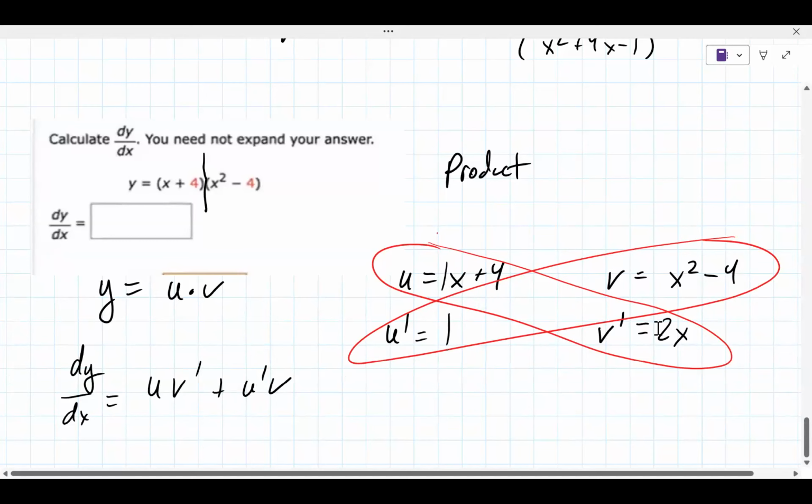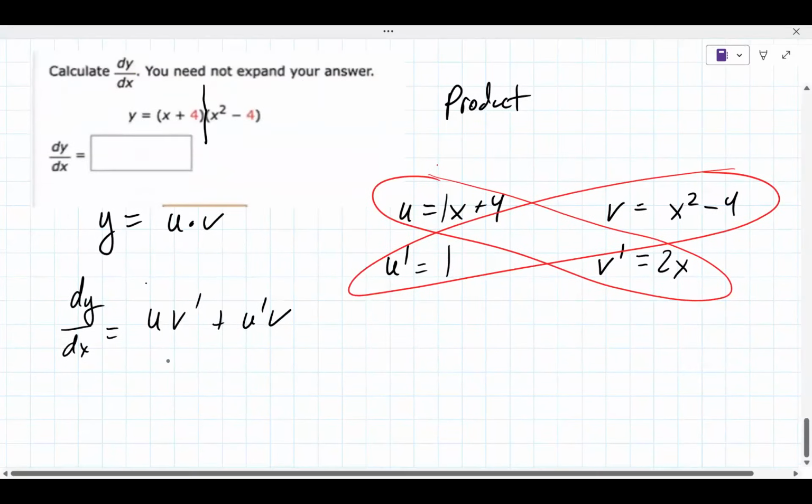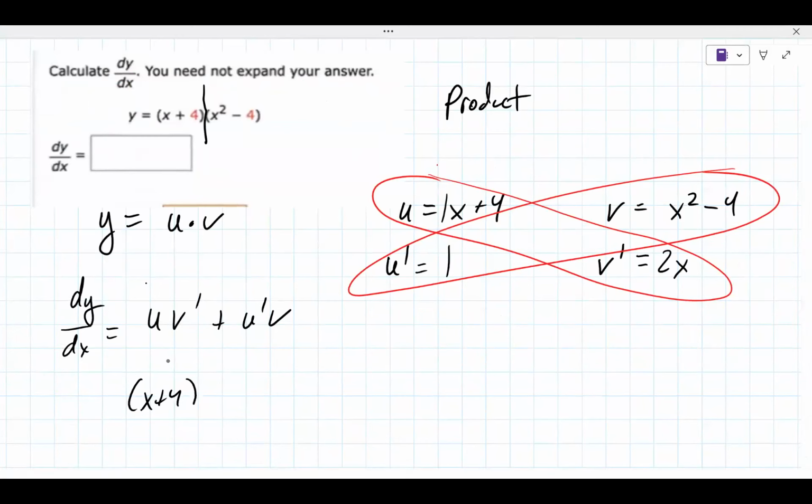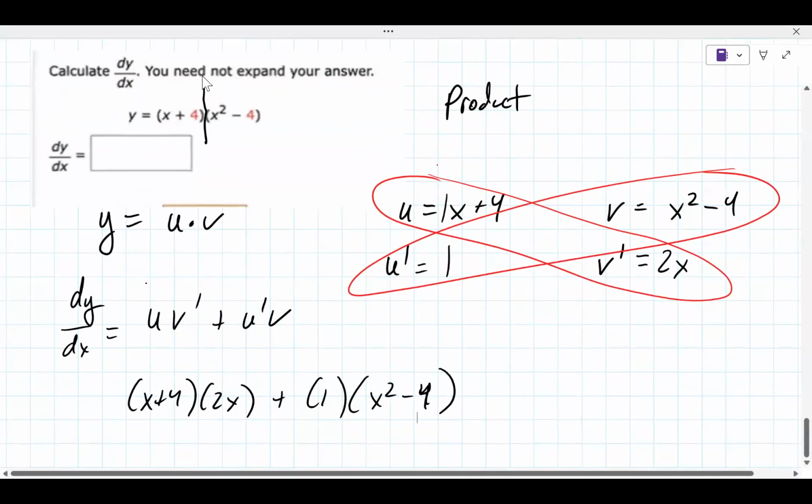So U is x plus 4, v prime is 2x, u prime is 1, v is x squared minus 4, like that. And that's your answer. Don't simplify further. You need not. Okay, got it. So being very clear there.